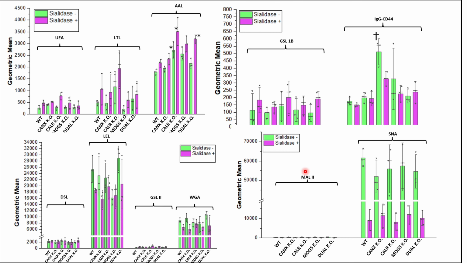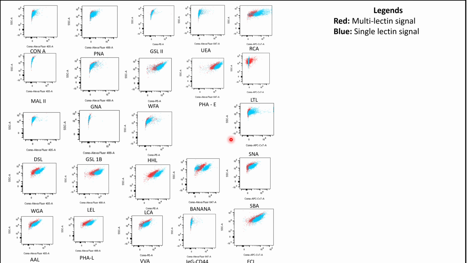This lectin experiment is usually done on multi-lectin samples. So this data shows the overlapping of multi-lectin and single lectin samples to ensure that data are not significantly affected by lectin interaction.